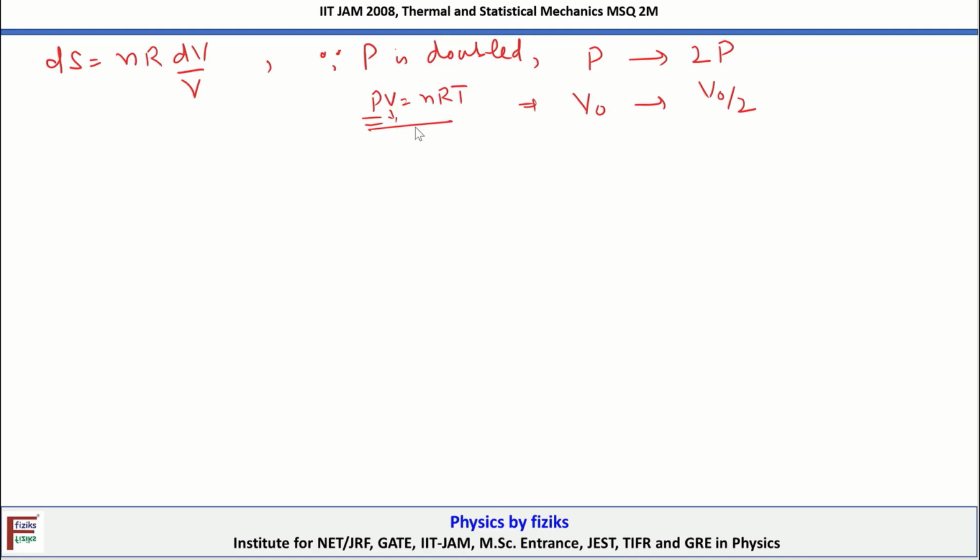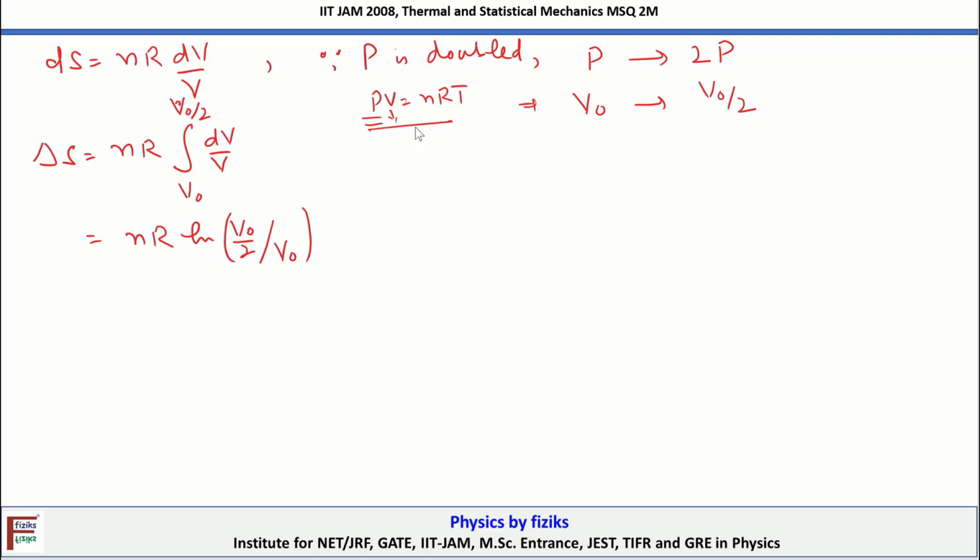In that situation, delta S will be nR integral from some initial volume V0 to V0 by 2 of dV by V, and that's nothing but nR ln of final volume, which is V0 by 2, divided by initial volume, which is V0.